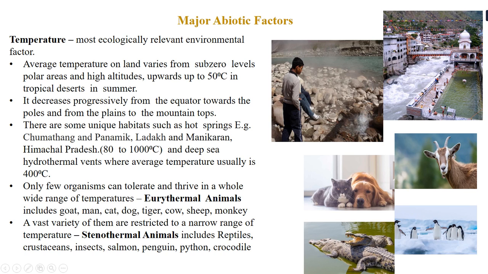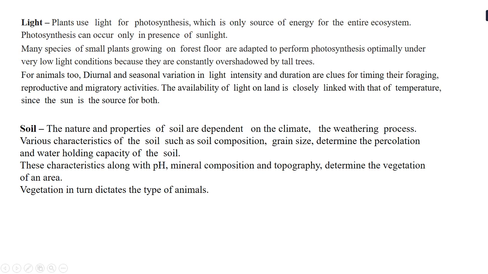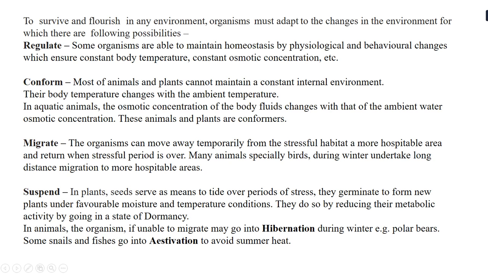And then we moved on to the major abiotic factors in the ecosystem, that is temperature, water, light and soil. And lastly, we also studied about certain possibilities that are present in the environment for an organism to survive and flourish. So the possibilities such as regulate, conform, migrate and suspend.